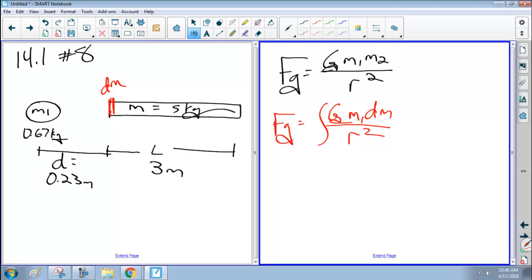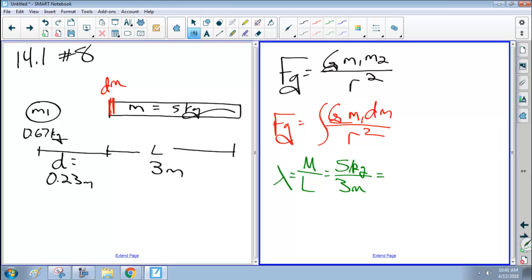One of the things we talked about when we did center of mass was linear density. We said that linear density was the total mass of the object over the length of the object, right? So for us, that's 5 kilograms over 3 meters. Good?